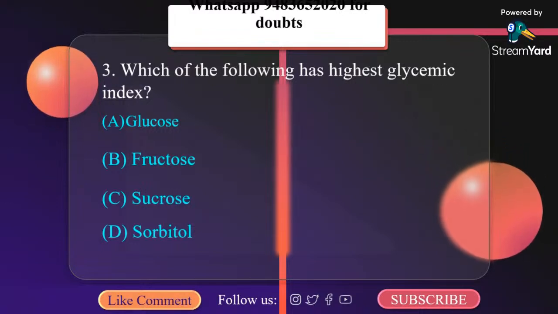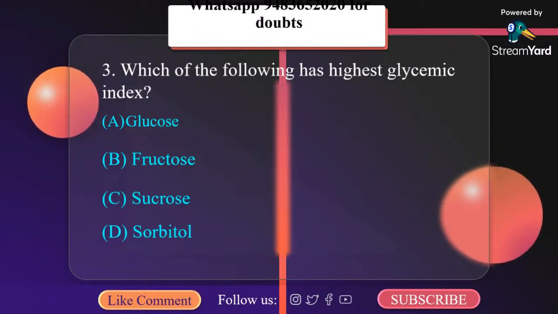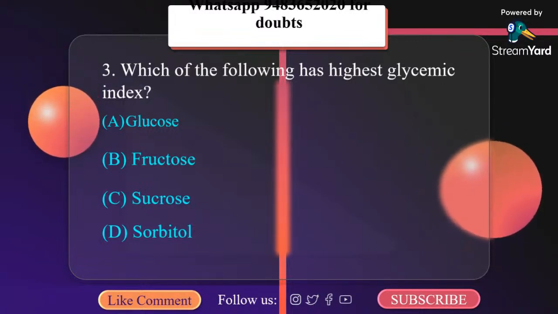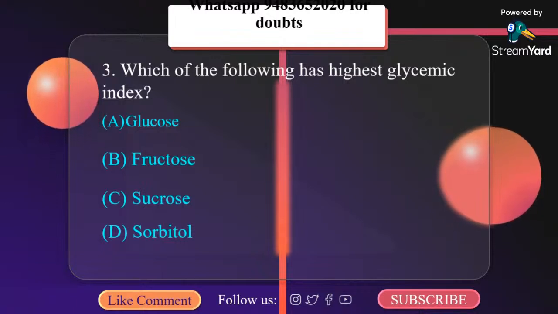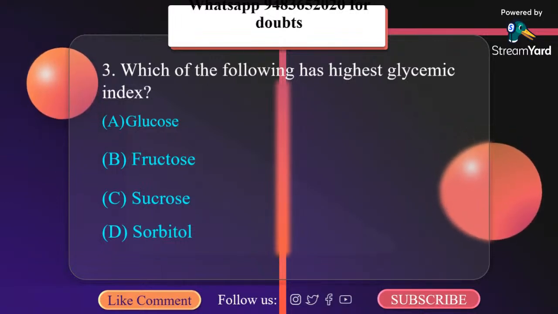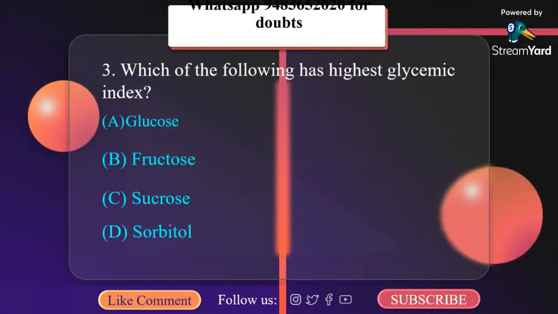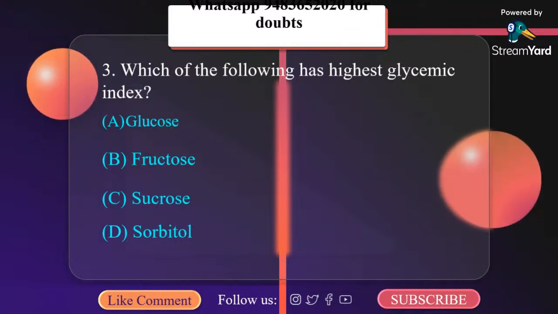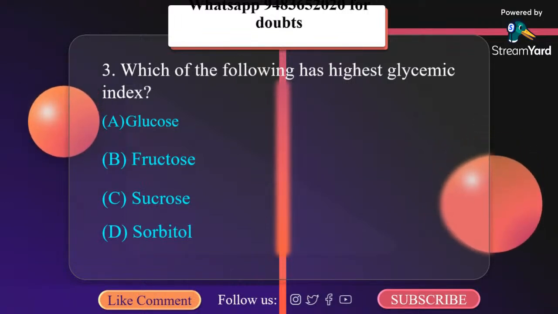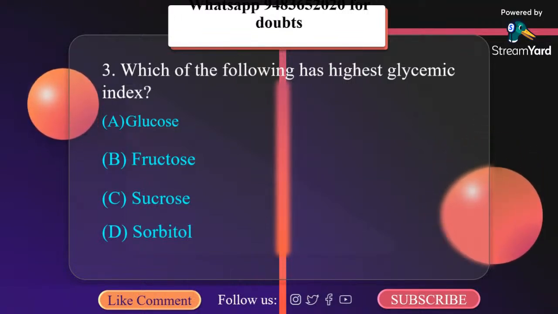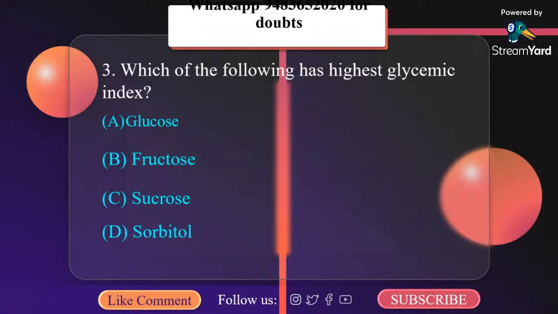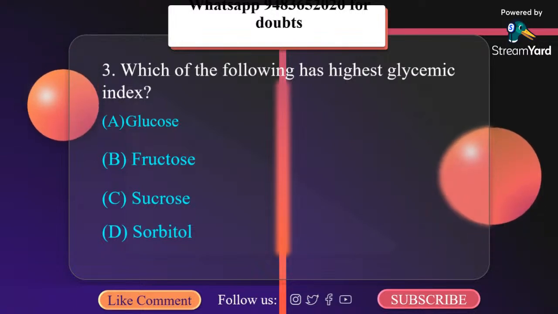Glycemic index is a value assigned to foods based on how slowly or how quickly those foods cause an increase in blood glucose level. The highest glycemic index is for glucose and galactose. Also, lactose, maltose, trehalose, and isomaltose get converted to glucose, so they also have high glycemic index.